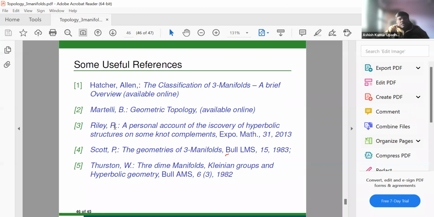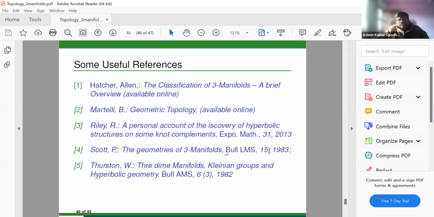I mentioned Richard Riley, his paper, which is expository, and it is a personal account of the discovery of hyperbolic structure on some knot complements. Then there is another very good exposition, which deals with geometries of three-manifolds in detail, starting with geometries in dimension 2.